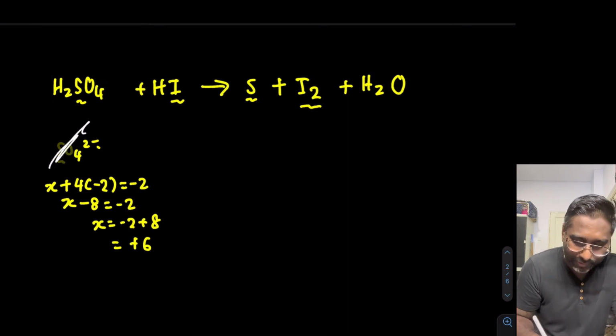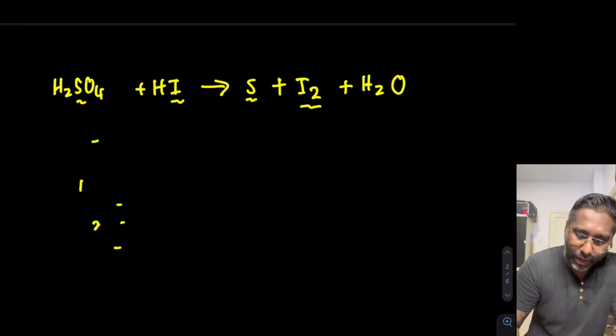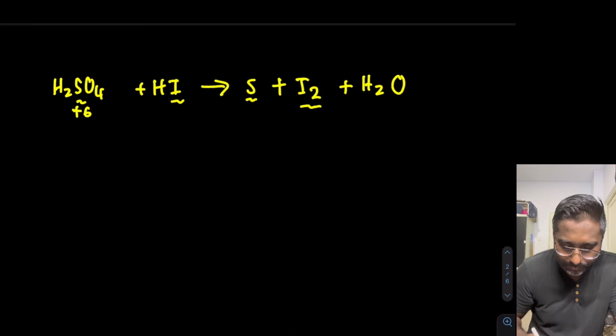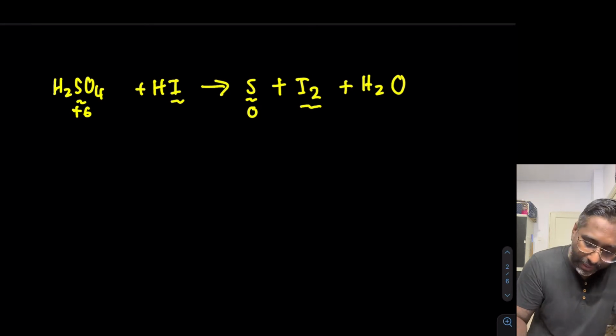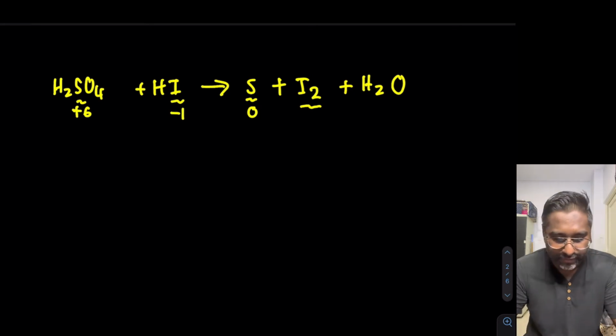I am going to get +6. So I have calculated the oxidation number of sulfur to be +6. I'm just going to write the +6 over there. Now this one is an element, so it is always 0, so I just put 0.